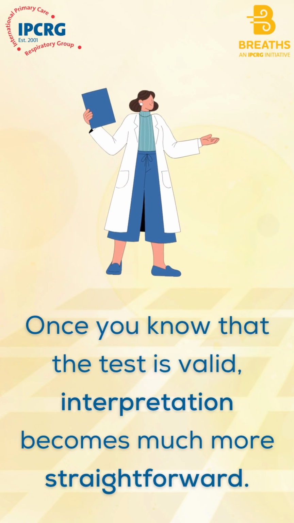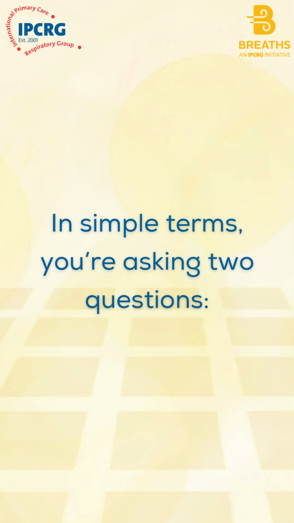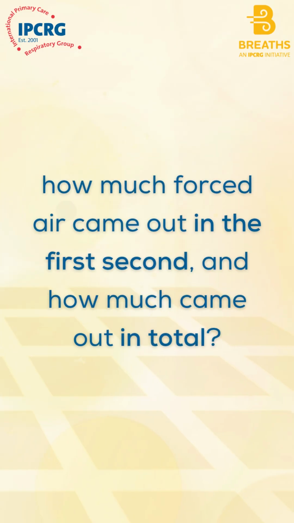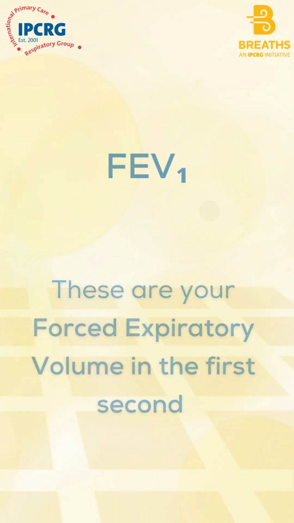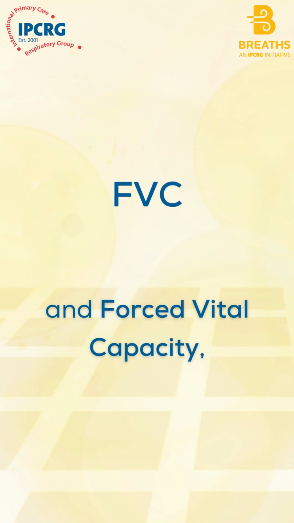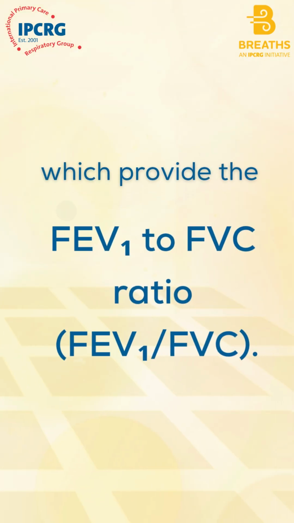Once you know that the test is valid, interpretation becomes much more straightforward. In simple terms, you're asking 2 questions. How much forced air came out in the first second, and how much came out in total? These are your forced expiratory volume in the first second, FEV₁, and forced vital capacity, FVC, which provide the FEV₁ to FVC ratio.